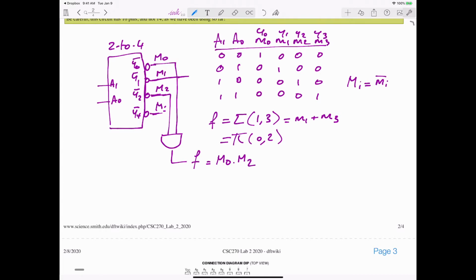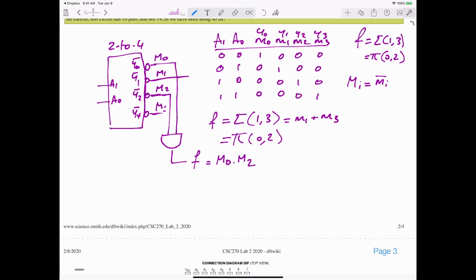Now, if you are told that you need to use only NAND gates or NOR gates, then you can play with that as well. So if we look at this, and again I'm going to keep F equal sigma 1, 3 equals pi 0, 2.